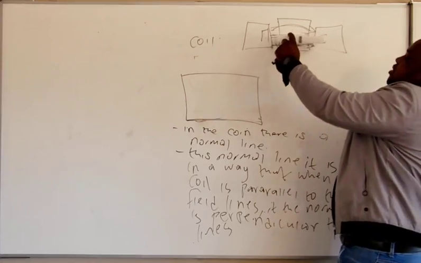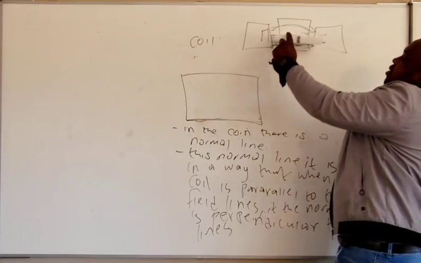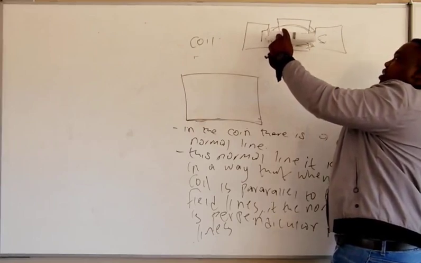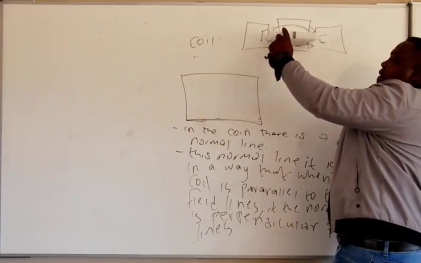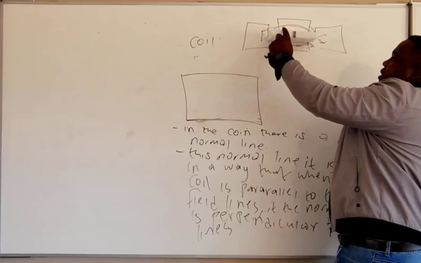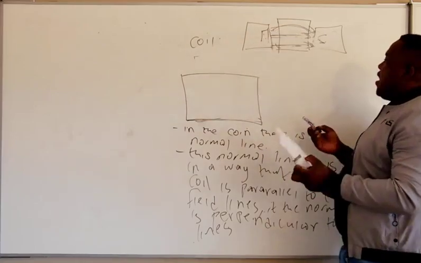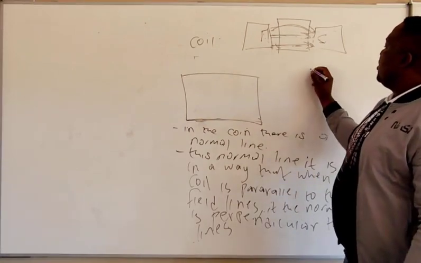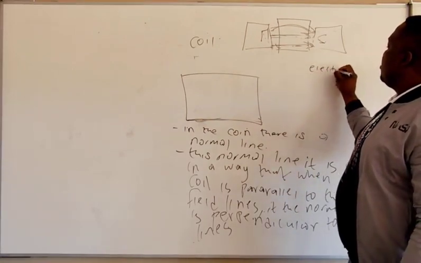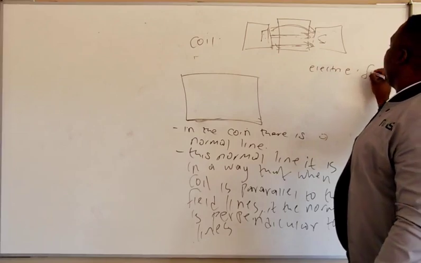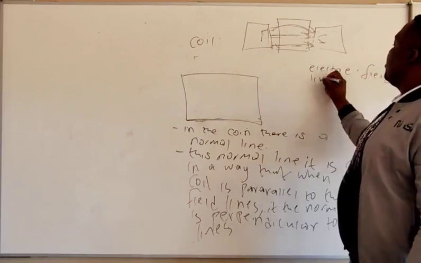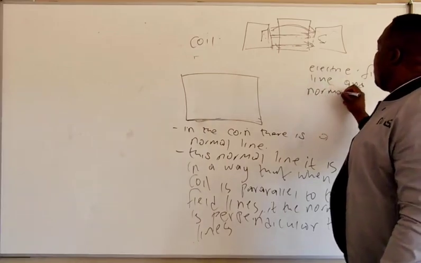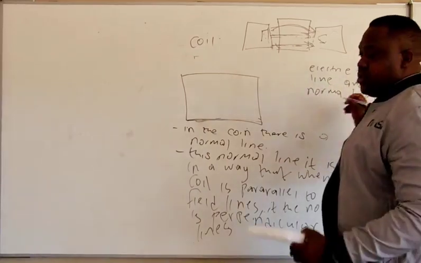It means that when the coil is parallel to the electric field line, there is an angle between the electric field line and the normal line.